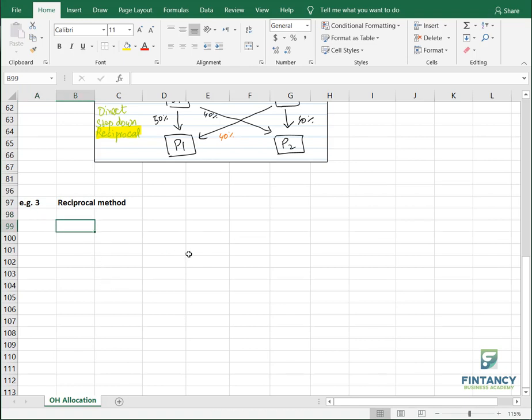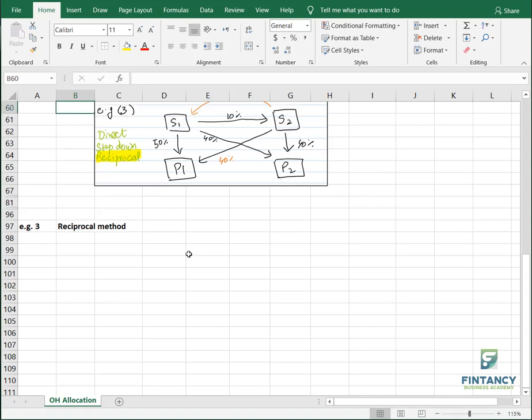Very nice. My friends, reciprocal method is also called algebraic distribution method, because in this, we will use x and all those things. We have to create equation, algebraic equation.